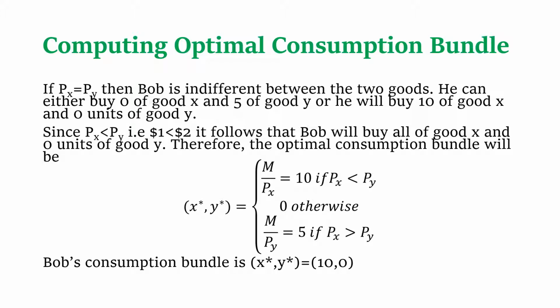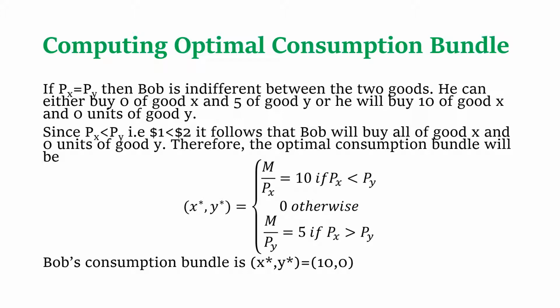So as a matter of fact, the optimal consumption bundle (X star, Y star) is M over Px, which is equal to 10, if Px is less than Py. 0 otherwise. It is also equal to M over Py if Px is greater than Py.